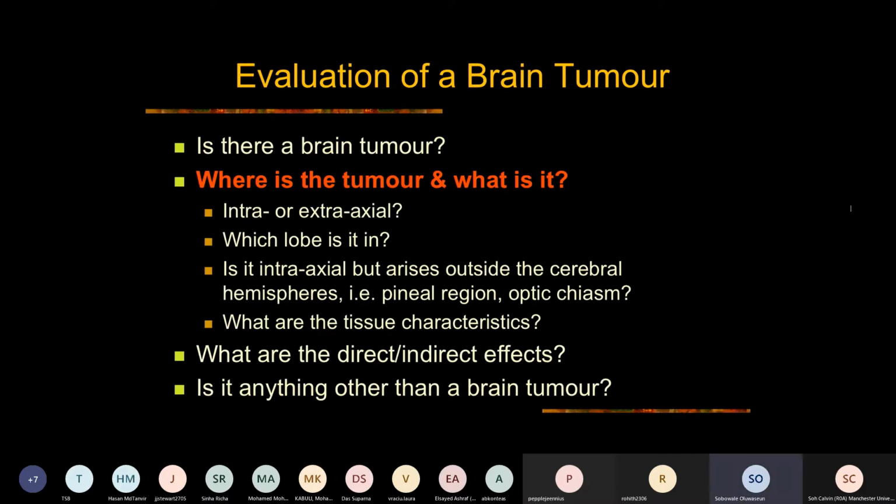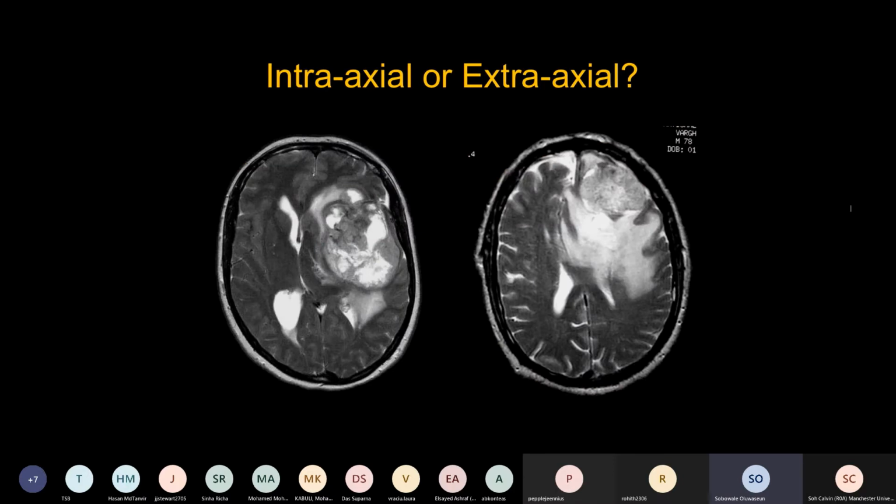So where is the tumor and what is it? These two lesions are very, very similar. We look at intraaxial lesions, but they're actually different. And our role is to differentiate these two tumors. So this lesion on the left-hand side is an anaplastic oligodendroglioma.